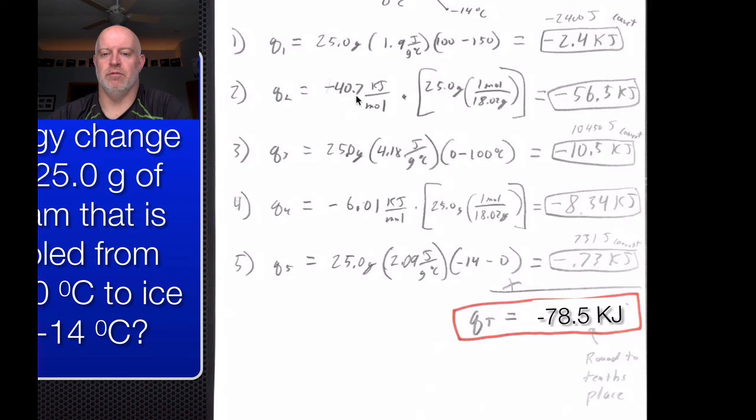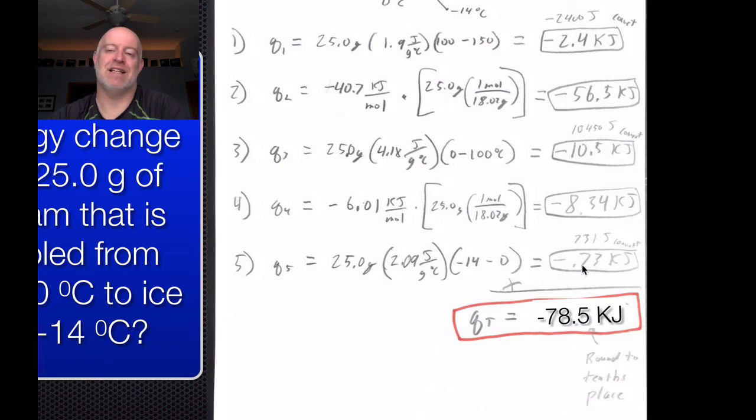Q2, heat of vaporization, negative. I got my moles, got my answer. Q3, my grams, water C value, change in temperature. Q4, heat of fusion, negative. My moles, got my answer. Q5, grams, specific heat capacity for ice, change in temperature, got my answer. Add all these up.